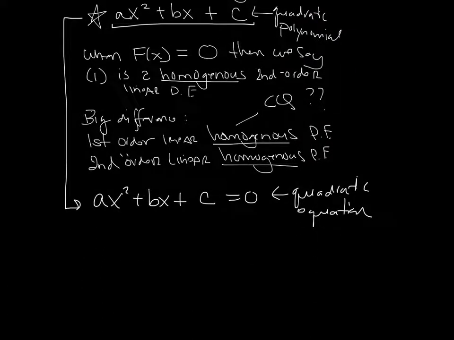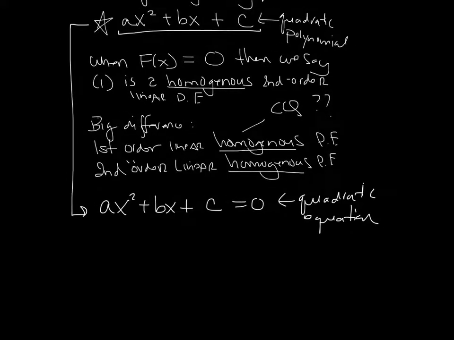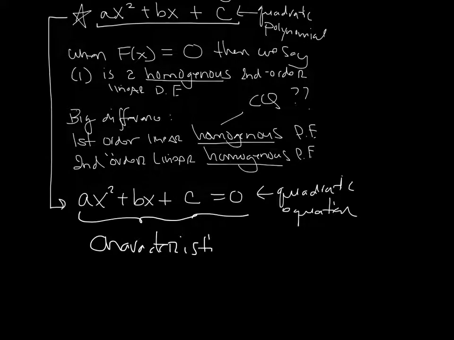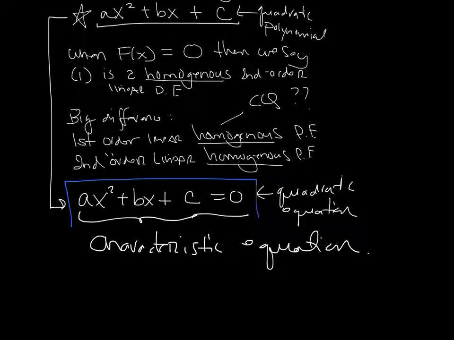So you can call this a quadratic equation, but they also call the whole thing the characteristic equation. This is the key to solving the second order linear homogeneous differential equations, where it's got to be equal to 0.